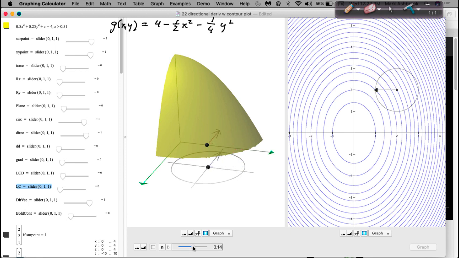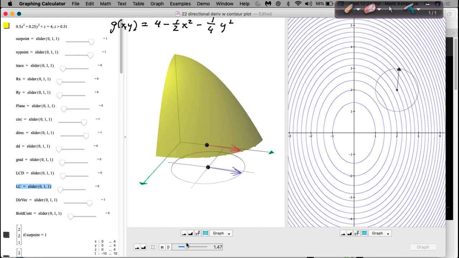So you see I'm showing the exact same thing on both graphs. This is the direction of positive x. That's theta equals 0. Positive y, theta equals pi over 2. Pi, 3 pi over 2, 2 pi.